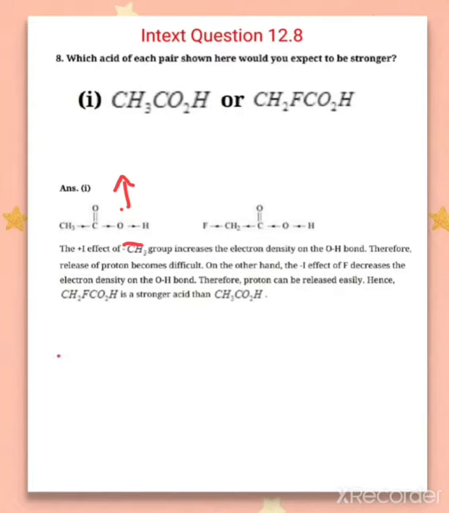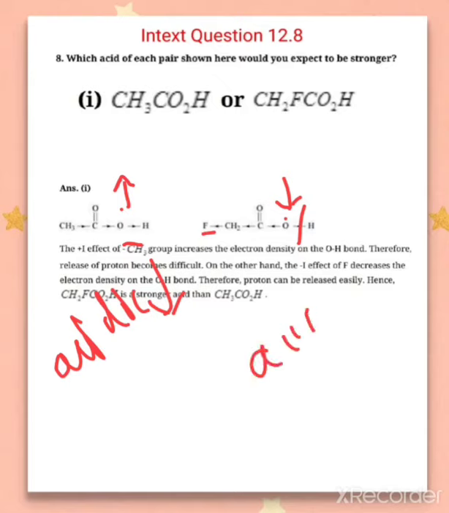That's why the acidic strength decreases. But in this case, because of the electron withdrawing group, the polarity of this bond increases because the electron density is decreasing on this oxygen. Therefore the cleavage of this bond is easier, that means it gives H plus ion very easily. So the acidic character here is greater.